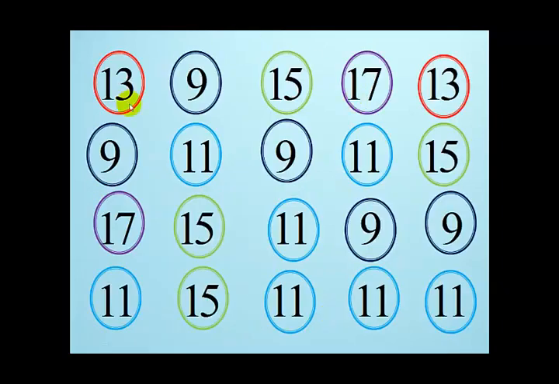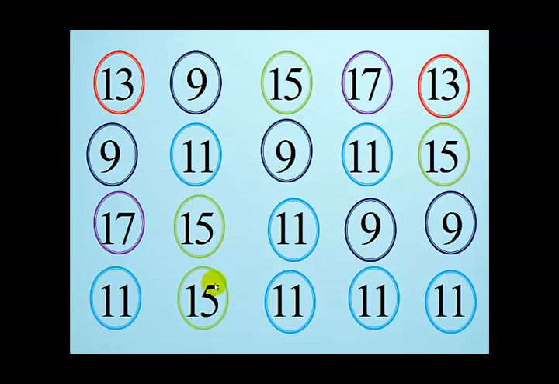Now this is the data we are given. So we have 13, that is the ages. We have 13, we have 9, we have 15, we have 17, we have 11. Now 13, we have 1, 2. Age 9 we have 1, 2, 3, 4, 5. Now with age 15 we have 1, 2, 3, 4.